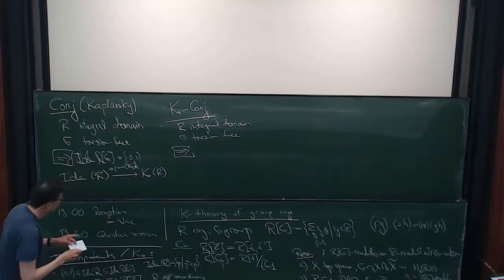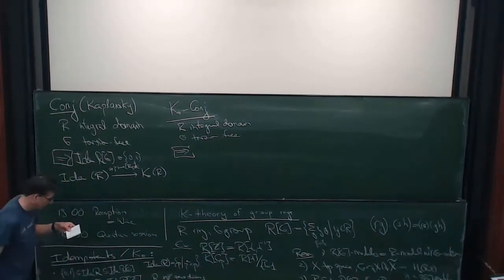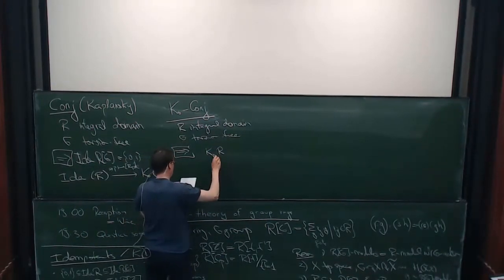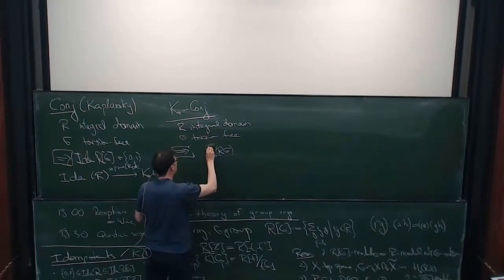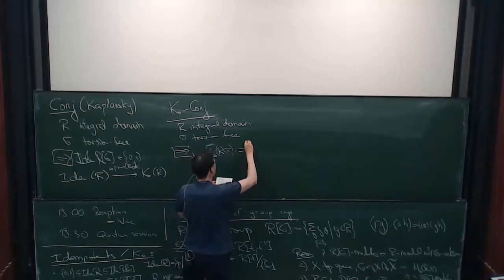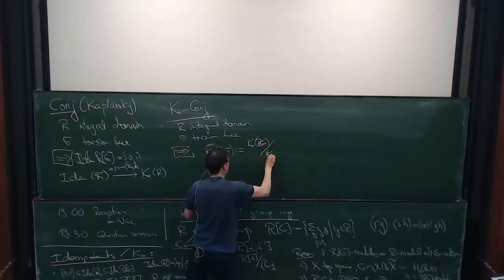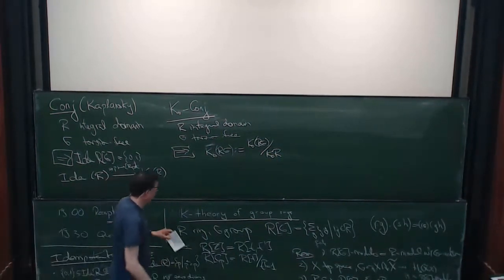Then the conjecture says, again, nothing happens. K0 of the group ring is no more complicated than K0 of the ring, which we can phrase as saying that K0 tilde, by which I mean here the quotient by what we get from the K0 of R, is 0.